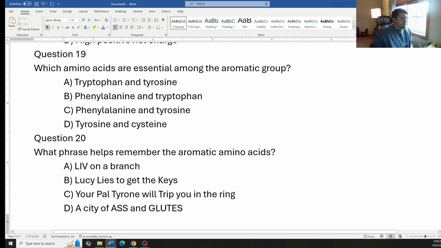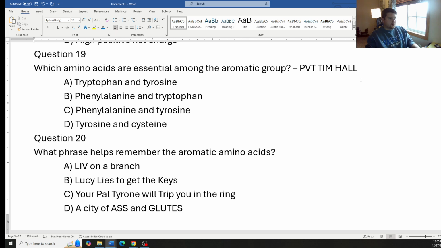Which amino acids are essential among the aromatic group? Tryptophan and tyrosine, phenylalanine and tryptophan, phenylalanine and tyrosine, or tyrosine and cysteine. Remember our essential amino acids: "Private Tim Hall."